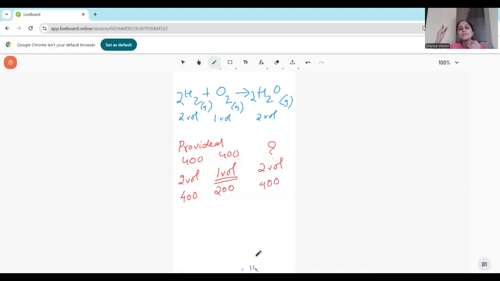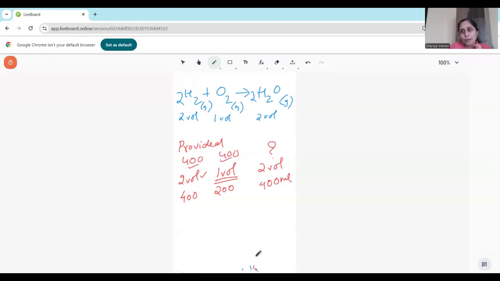So we are going with the balancing numbers, the stoichiometric coefficients. So here, according to the stoichiometric coefficient, 2 volumes of hydrogen is reacting with, it needs only half the amount, 1 volume of oxygen. So you are provided with 400 ml of hydrogen and 400 ml of oxygen.